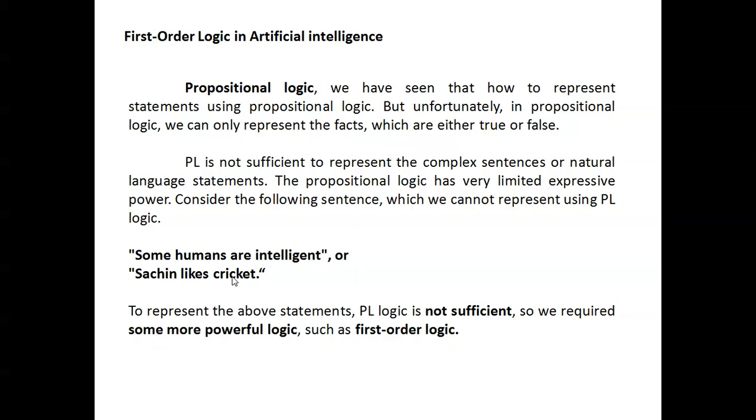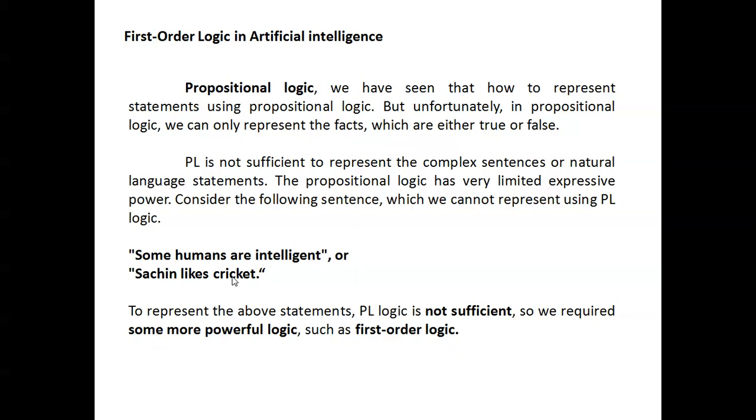Consider the following sentence, which we cannot represent using propositional logic: some humans are intelligent. The sentence is incomplete. We need more powerful sentences, such as cricket. The above sentence is not sufficient, so we need a more powerful logic.